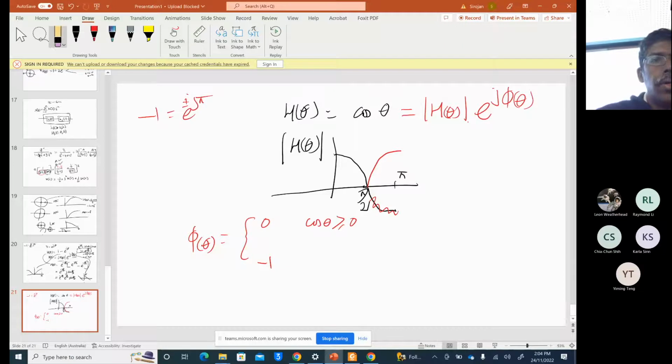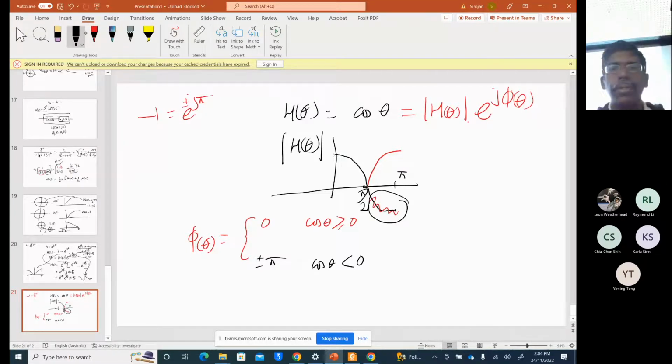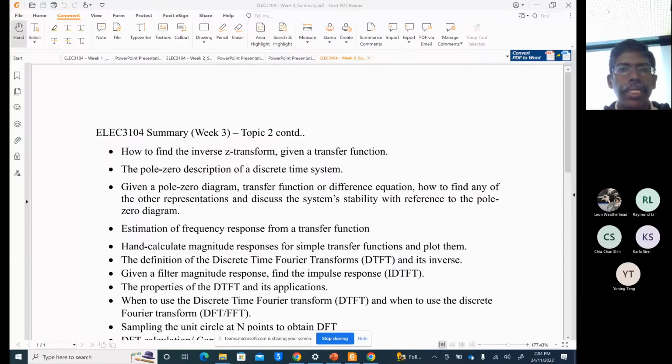So that becomes plus or minus pi when cos theta is less than 0. Okay, so you should be very careful. Magnitude response cannot have a negative value. Okay, it has to be positive. So that's about the magnitude and phase response.